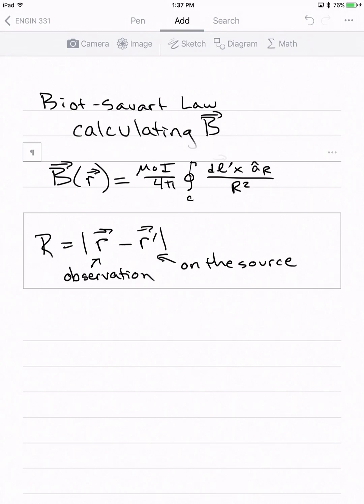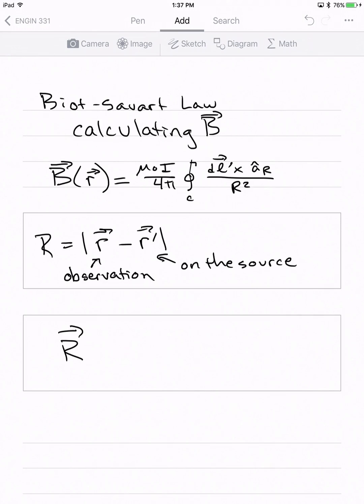Now I've written down R with no vector on it as the scalar magnitude of the difference between those two vectors. I'm also going to define big R the vector as the difference between those two little r vectors. So little r minus little r prime. So that's the vector from that point on the source distribution to the observation point.